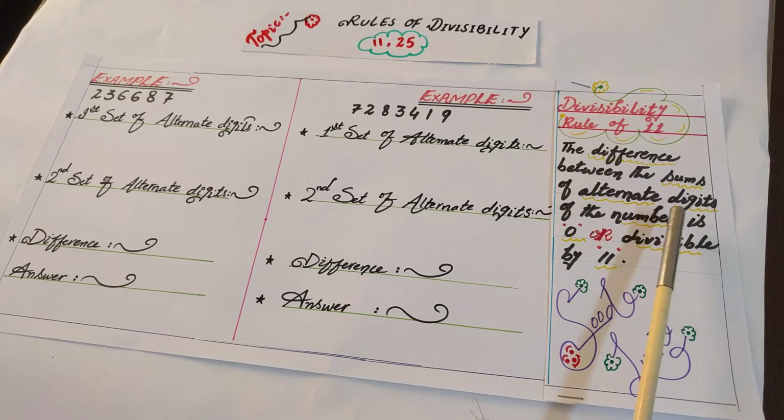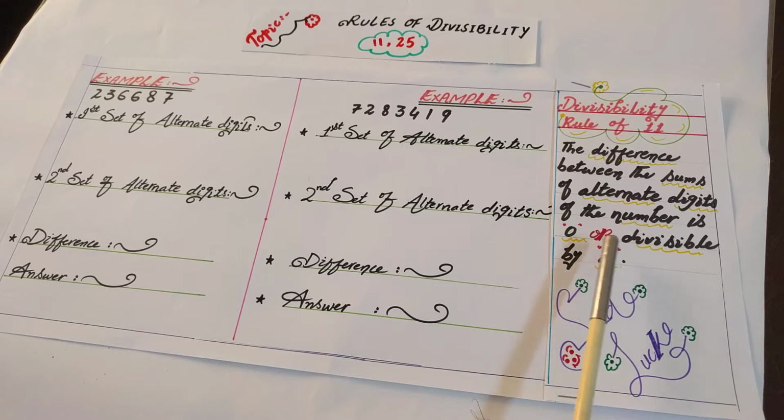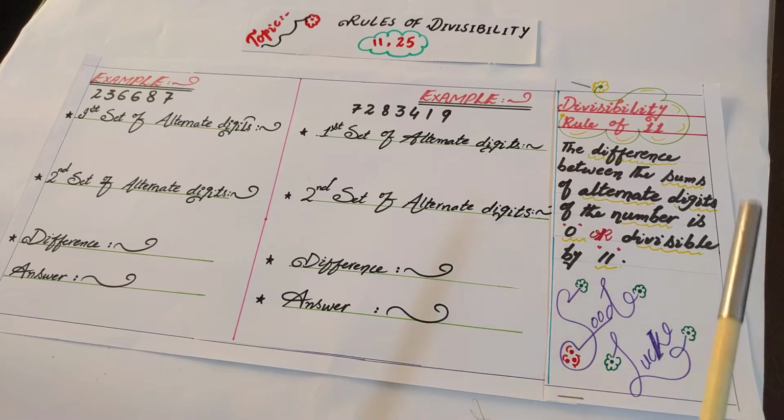If the difference is 0, then that whole number will be divisible by 11, and if the difference is any other number that is divisible by 11, then that whole number will be divisible by 11. Let's start the example.